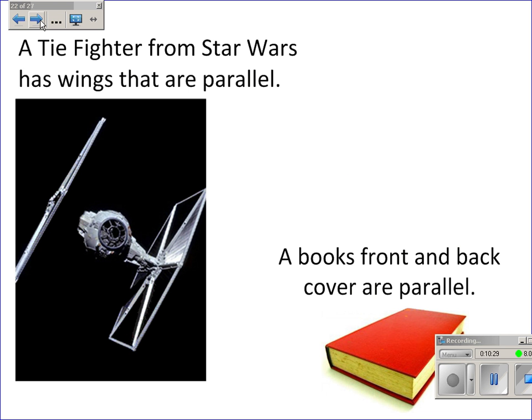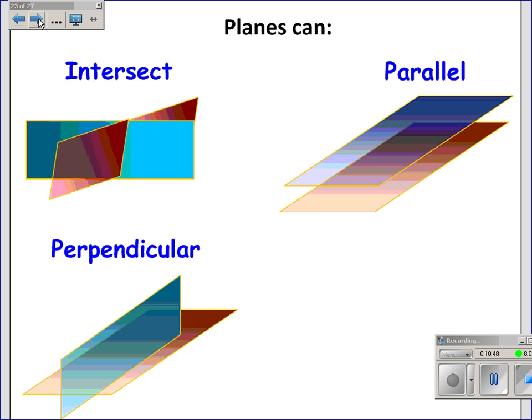For example, a TIE fighter from Star Wars has wings that are parallel. So this and this are parallel. And a book's front and back cover are also parallel. So in summary, planes can intersect. They can be parallel. If they intersect, they can be perpendicular.